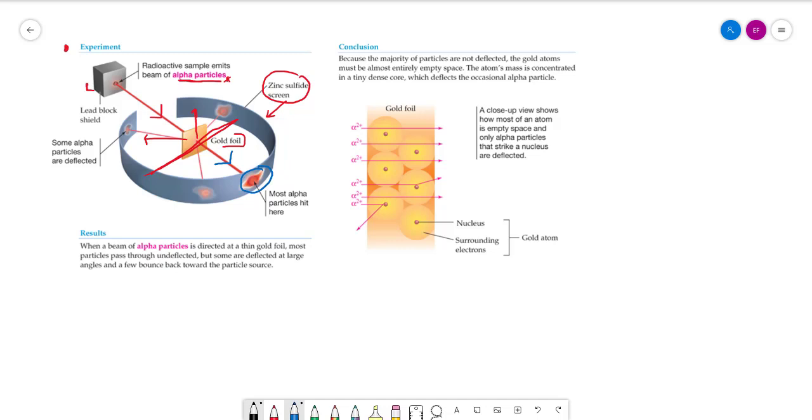And this was a big surprise to Rutherford, because he assumed, as I mentioned before, that most of the reflection would occur on this half of the experiment. But in fact, only about 1 in 20,000 particles bounced back. The rest of them all went and collided with the opposite side of the gold foil.